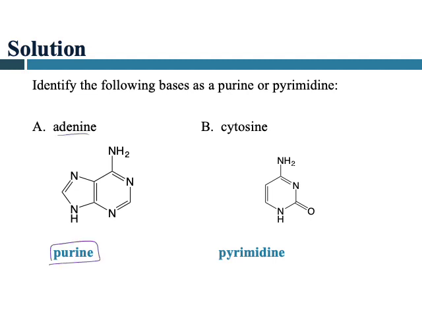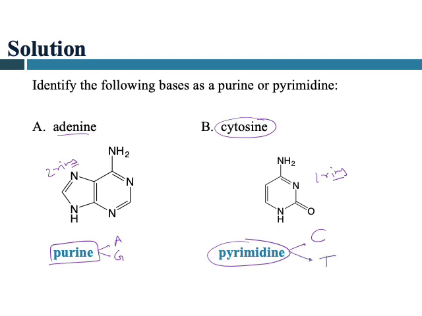Why? Because it has 2 rings, and we know purines are adenine and guanine, A and G. And cytosine belongs to pyrimidines because it has a 1 ring structure, and pyrimidines are cytosine and thymine, right, in DNA.